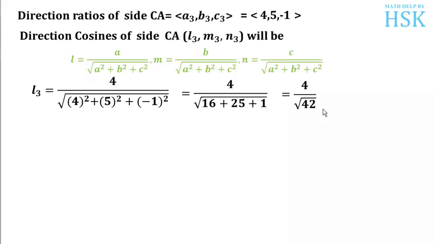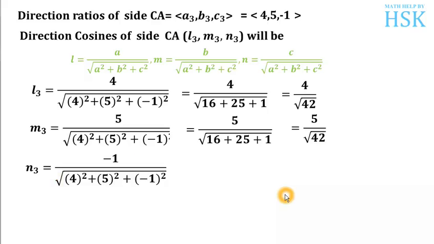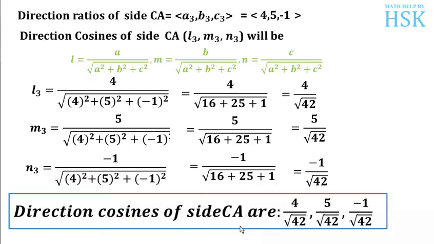The denominator is going to remain same for m3 and n3. So we are going to get m3 as equal to 5 upon the square root of 42, n3 as equal to minus 1 upon the square root of 42. Therefore direction cosines of the side CA are 4 upon the square root of 42, 5 upon the square root of 42, minus 1 upon the square root of 42.